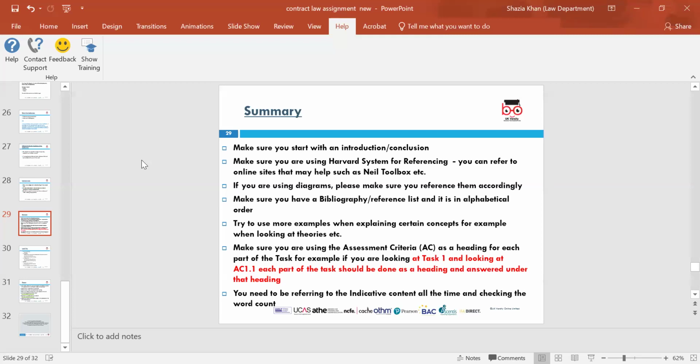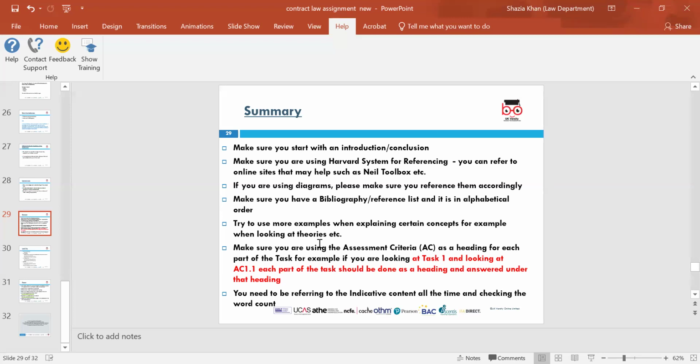And look at giving examples as well, where a contract becomes void, or where there's an element of a contract becoming frustrated, or where there's undue influence, or any elements like that. You need to make sure they're supported by your sources and examples.